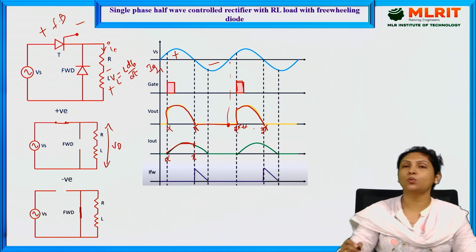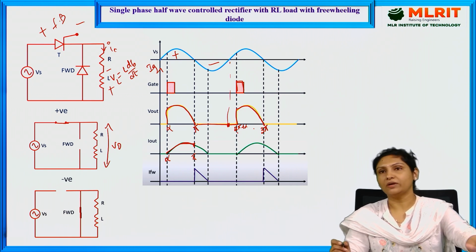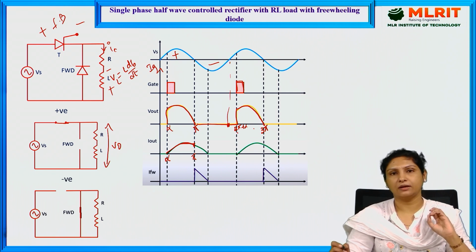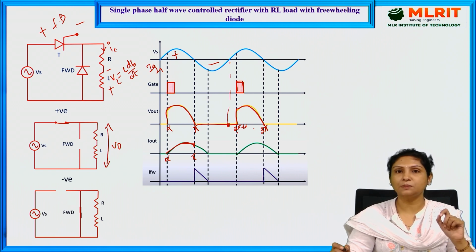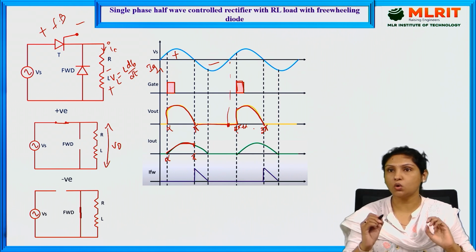Why is the current building at a slow rate? It is because of the presence of the inductor, because an inductor does not allow any sudden changes in current. That is how the current builds at a slow rate and becomes maximum at the instant pi.